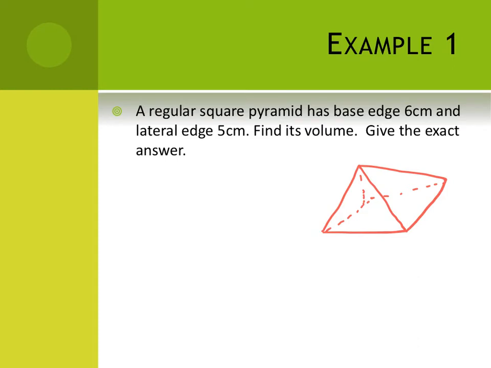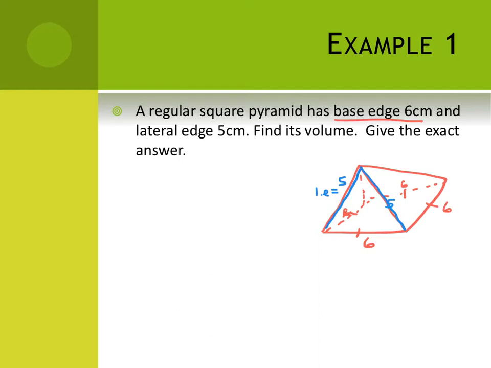It tells me that it has a base edge of 6. So this tells me all of these sides on the base are 6. It's a square. And then it also told me that I have a lateral edge, which is 5 centimeters. The lateral edge is this right here. It's all of these that go down here. These are all 5s.